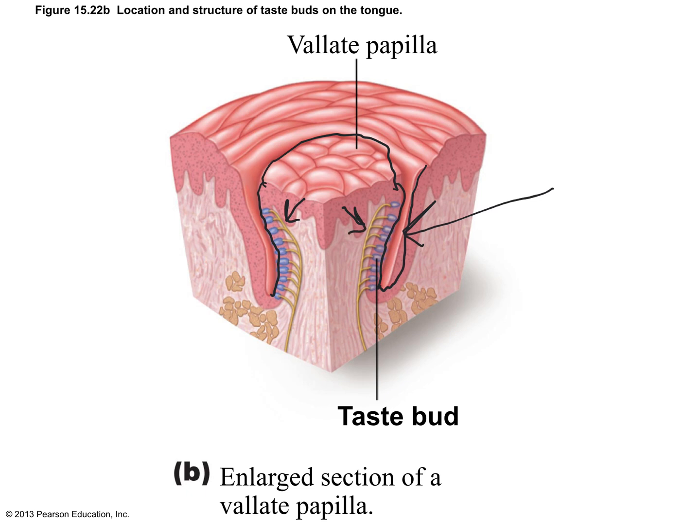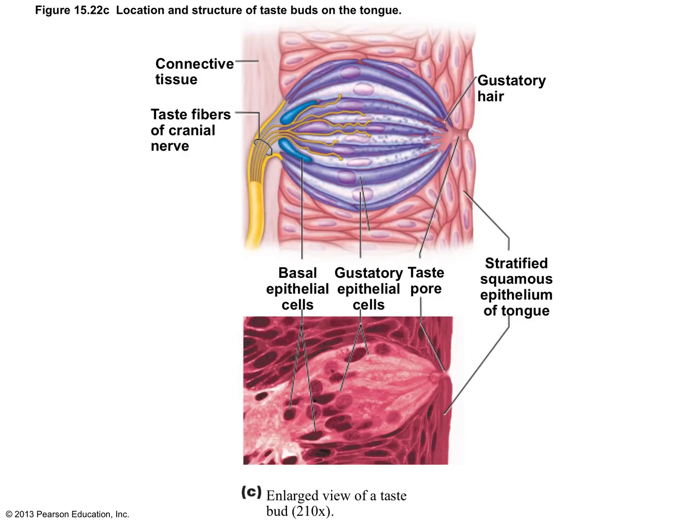So in order for something to be tasted, it has to dissolve in saliva. It has to go down into these little pits that surround the vallate papilla, and then through the mucus, through the saliva, go into these taste buds, which contain the sensory receptors called gustatory hairs.